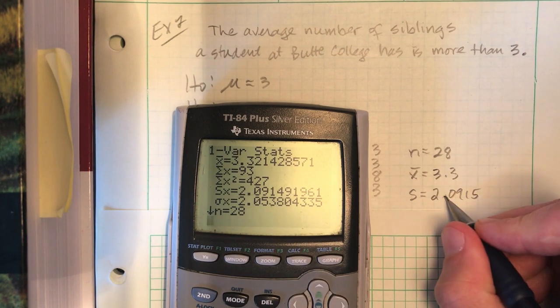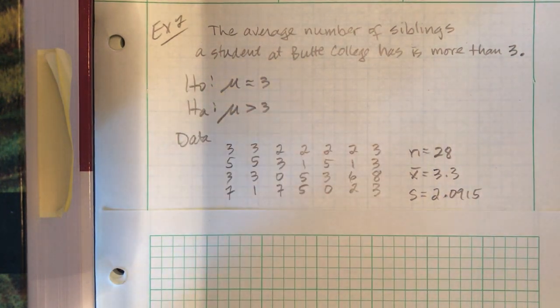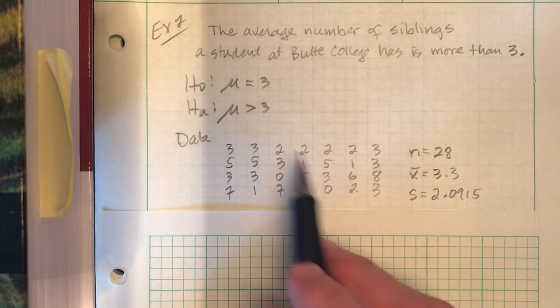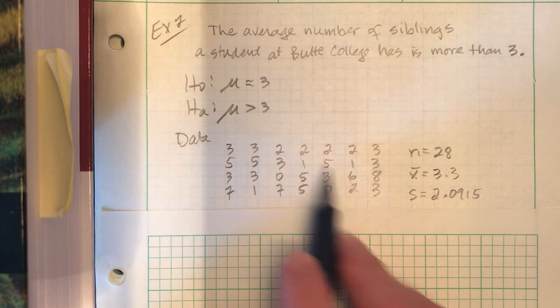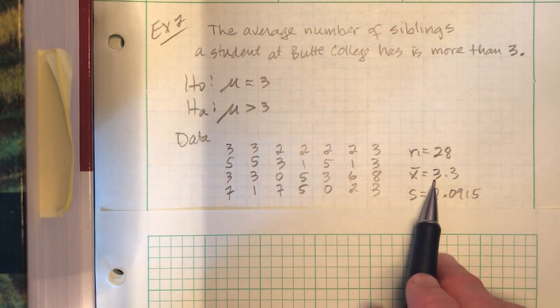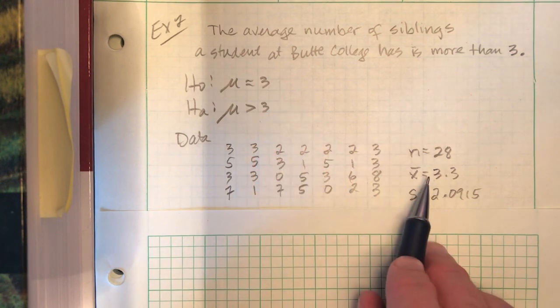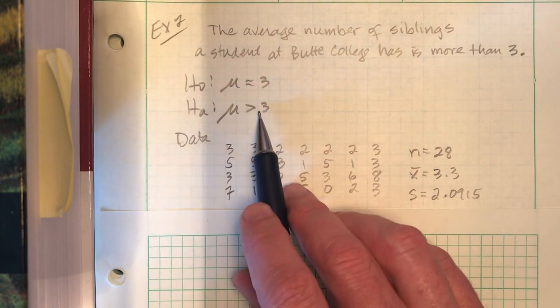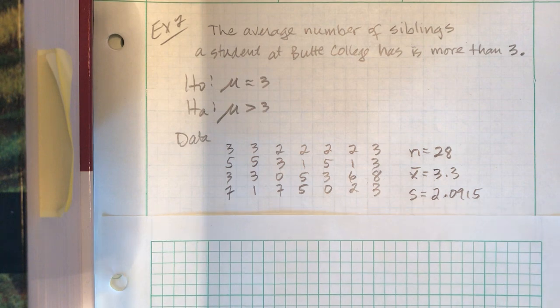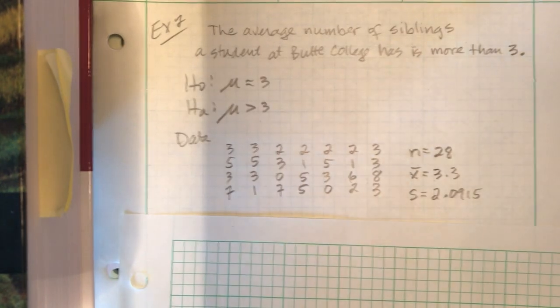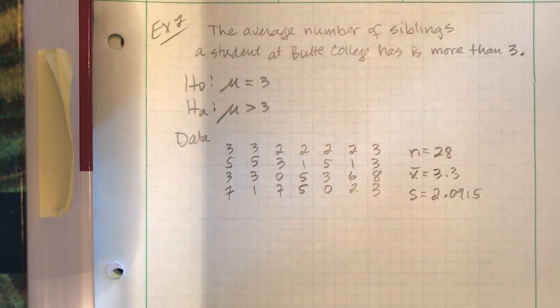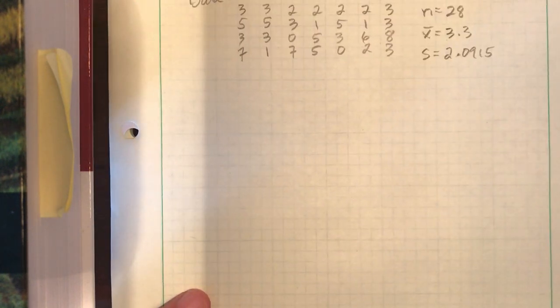All right. So like I always say, at this stage, does my evidence support my alternative right now? Yes. It looks like the average for this sample of students is greater than 3. Is that enough to say that the average of all students is greater than 3? We don't know. And that's why we need the next few steps. So off to my sketch.